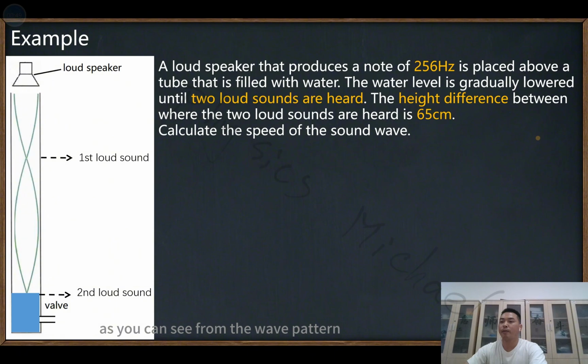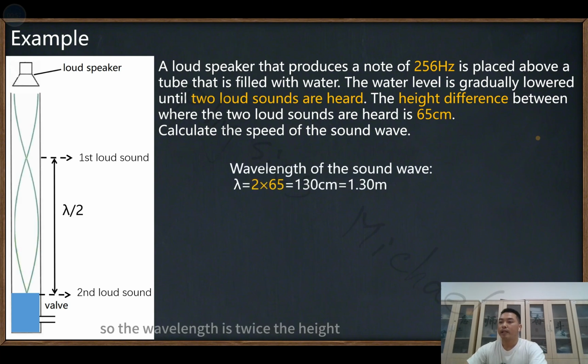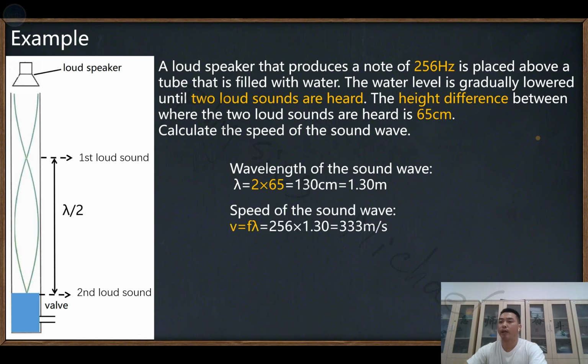As you can see from the wave pattern, the height difference between two loud sound points is just 1/2 wavelength. So the wavelength is twice the height, 130 centimeters or 1.30 meters. Then multiply by the frequency. 256 times 1.30 gives us 333 meters per second.